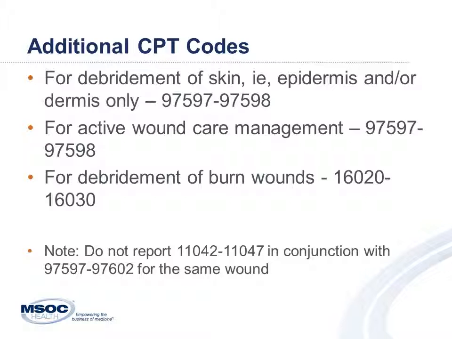A debridement of a burn wound is coded in the section 16020 through 16030. You would not use 11042 through 11047 in conjunction with a 97597 through 97602 for the same wound.